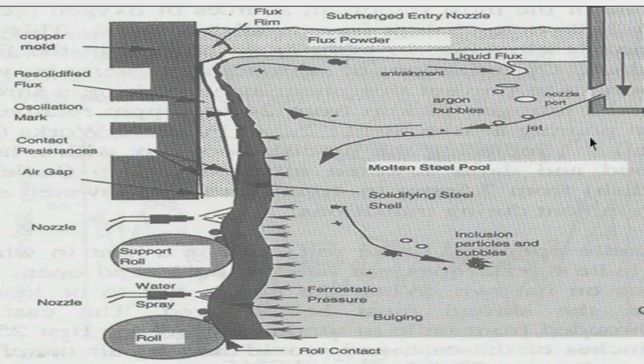Because there is some aluminum in steel, if there is ingress of air, alumina will form, and this will cause clogging of this port. If the clogging is too much, maybe the casting has to be interrupted, because no liquid steel will come out from the port. So, the casting has to be aborted. So, clogging has to be controlled by whatever means available to us.